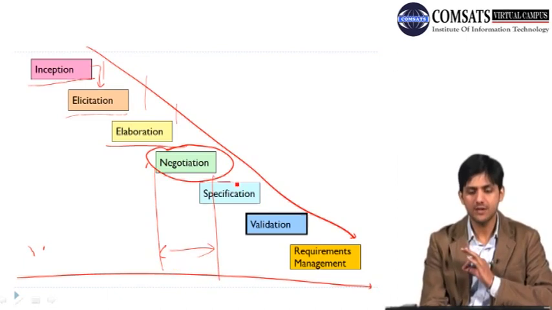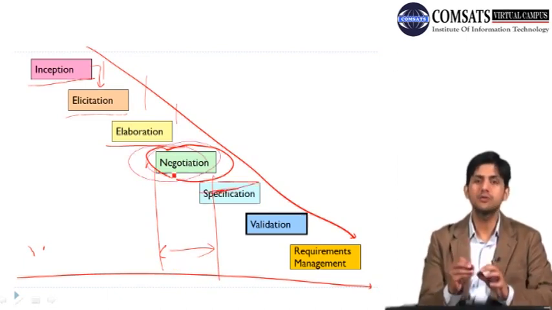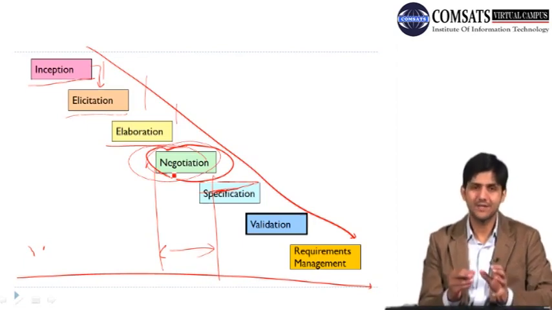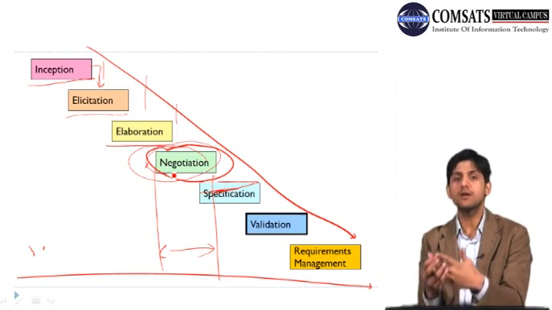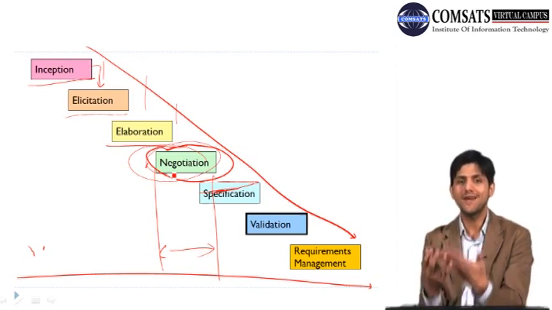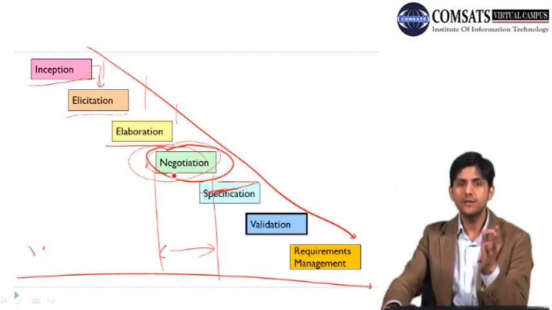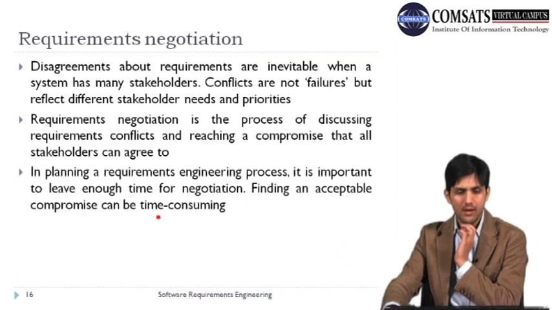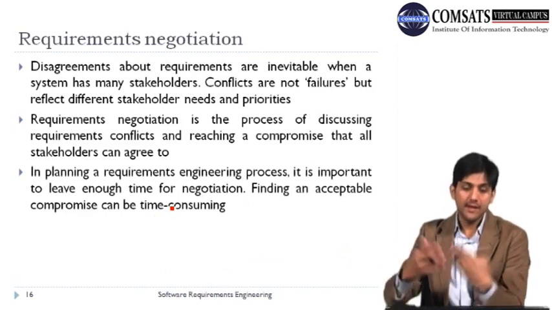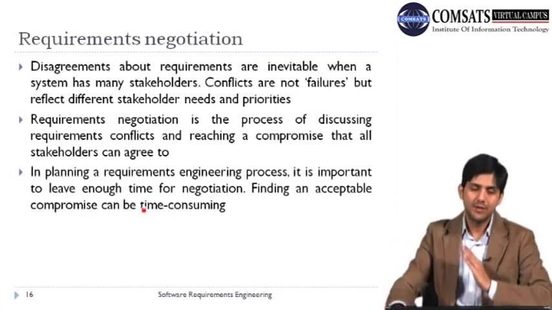We may start specification at the same time, but we need some time for negotiation. We need to talk to the people and satisfy them, because in the end they have to accept the product, and we will not be able to validate requirements if we did not negotiate and finalize all those conflicting requirements properly. So this is very important to the following processes of requirement engineering. Finding an acceptable compromise can be time consuming, so that's why we need to set aside some time for negotiation.